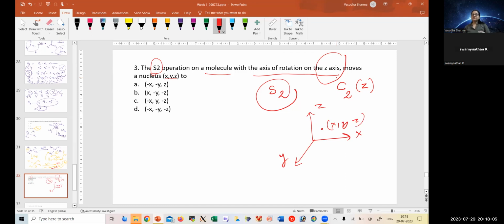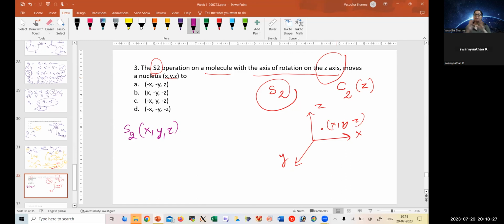Now it is saying that when we apply the S2 operation on this, what would your coordinates be? That is very simple. You do not need to mug up. If you can solve it from this coordinate system, that would be great. If not, you can solve it mathematically. We know S2 on X, we have to apply on something.